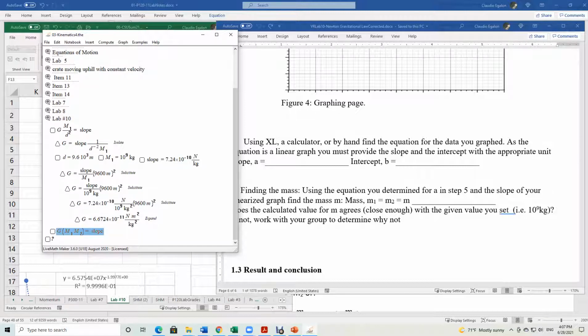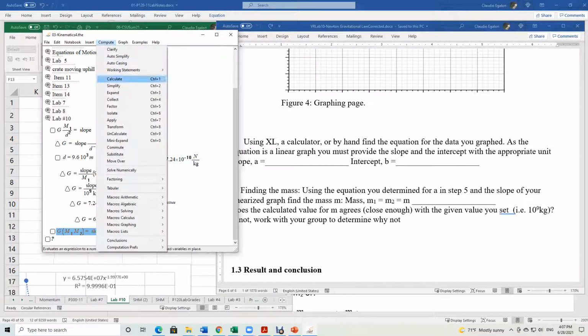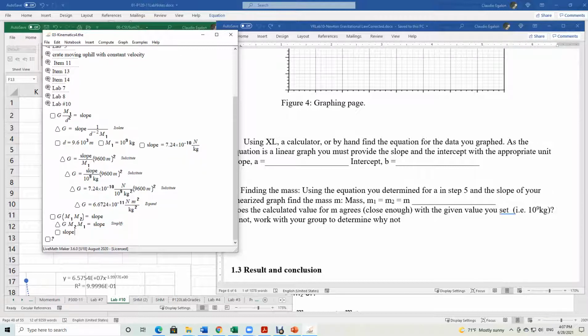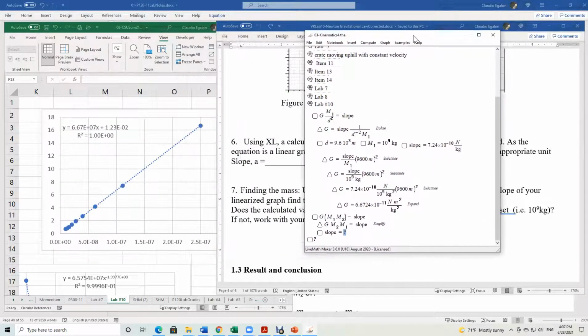This one is a different exercise. The slope that I am getting is, go back, 6.67 times 10 to the 7.